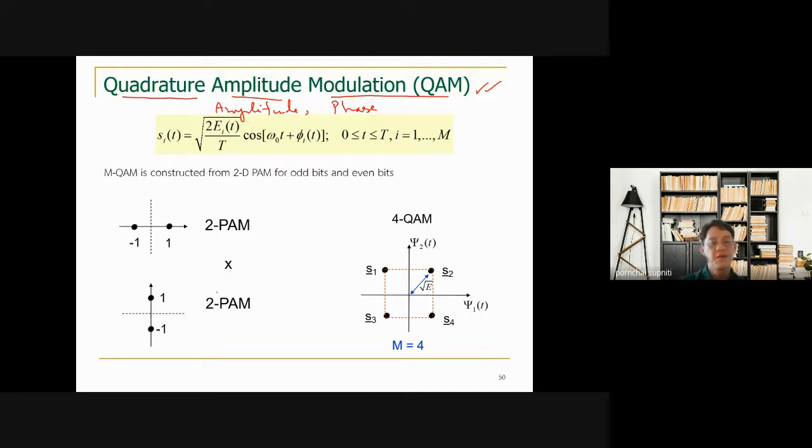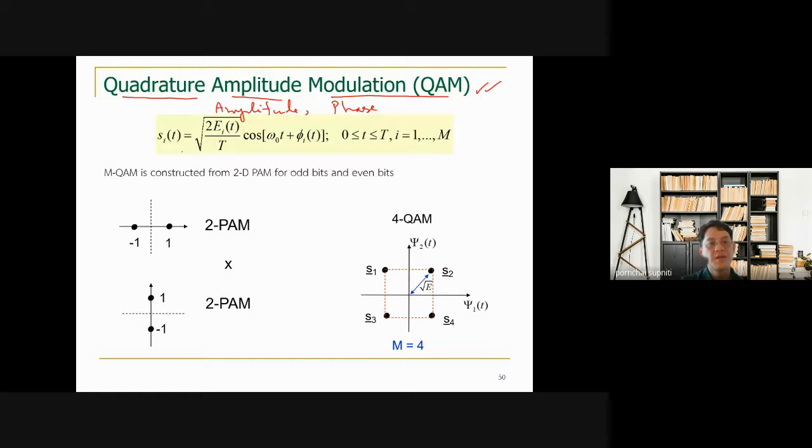Okay? In the old days, QAM was not so popular because of this varying amplitude, but it caught on. And these days, both QAM and PSK are the main modulation schemes for high data rate applications.